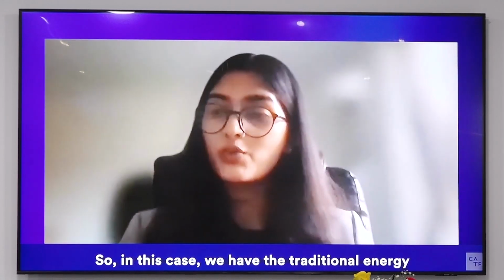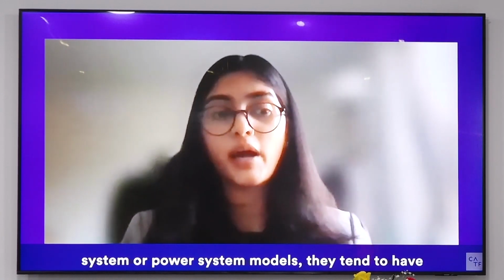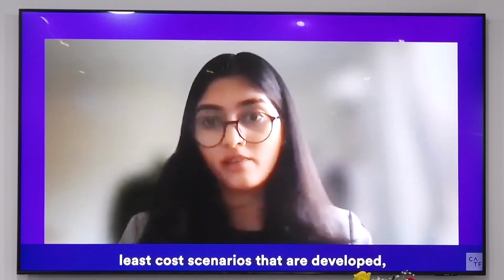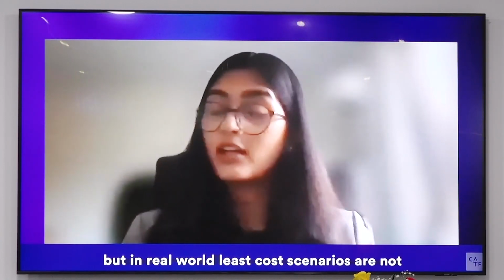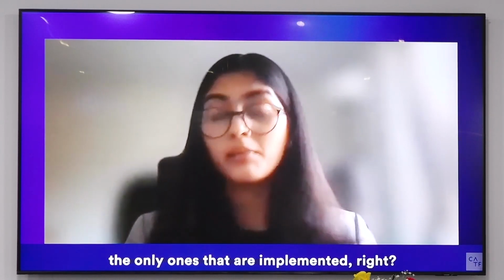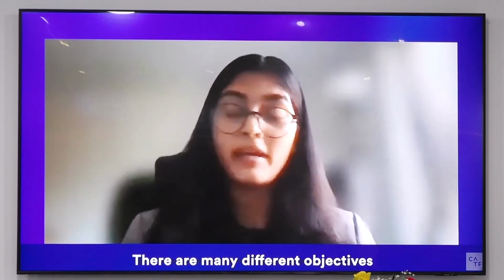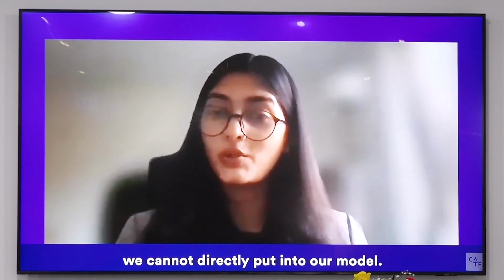So in this case, we have the traditional energy system or power system models. They tend to have least cost scenarios that are developed. But in real world, the least cost scenarios are not the only ones that are implemented, right? There are many different objectives of many different stakeholders that we cannot directly put into our model.